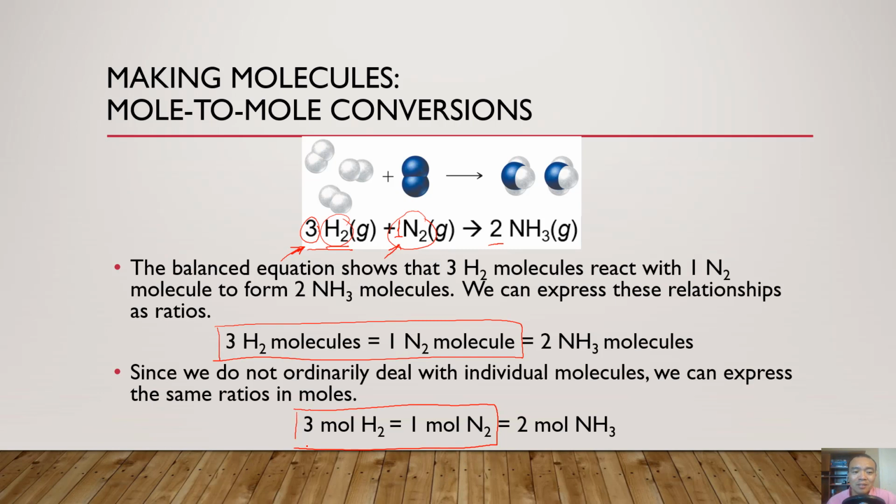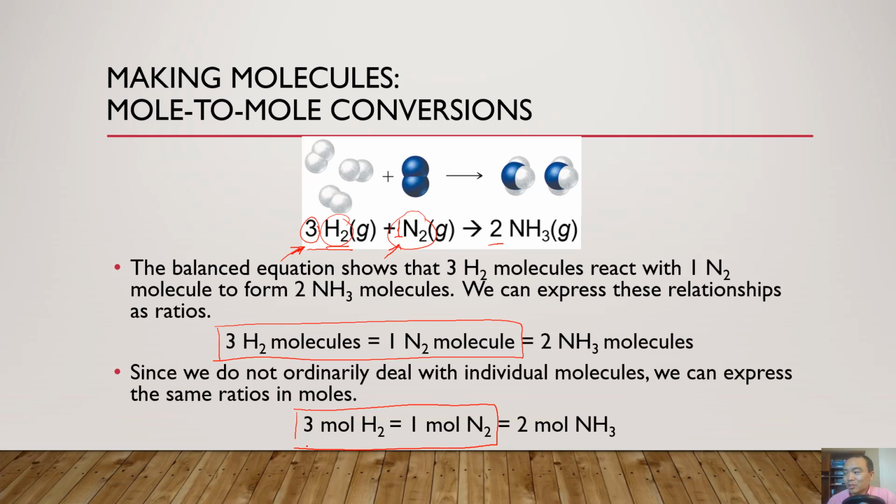Similarly, although we don't use it, you can also write down 3 dozen hydrogen molecules will be related to 1 dozen nitrogen molecules. Do remember, mole is simply a large number.